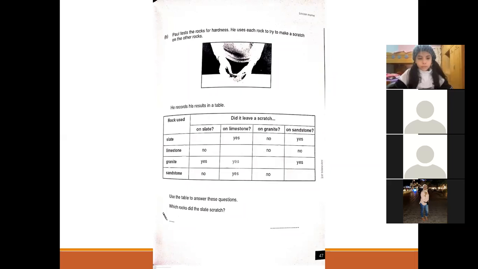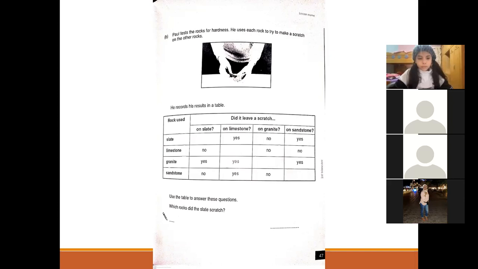And then scratch the sandstone using the slate. And then I will scratch the sandstone using the limestone. Then the next, I will pick up the limestone and I will try to scratch the limestone using the granite. And then I will try to scratch the limestone using the slate. And then I will try scratching the limestone using the sandstone.